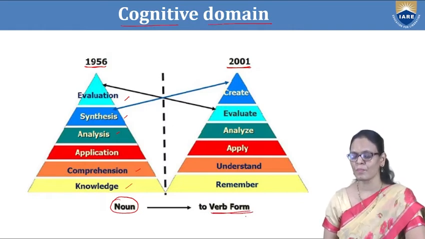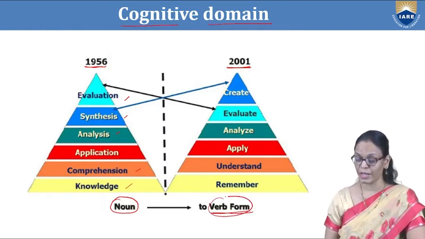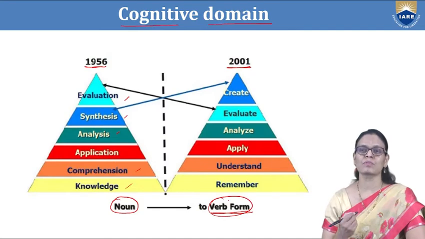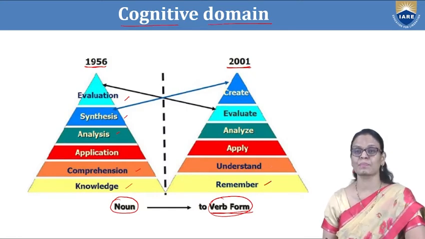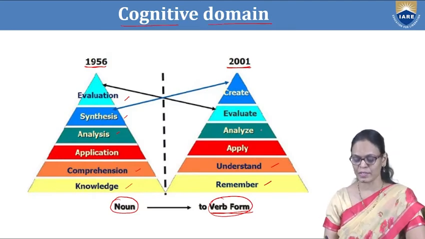Why verb forms? If it is in the verb form, it becomes very easy to measure, because we said it has to be measurable. So knowledge has become remember, comprehension has become understand, application becomes apply, analysis becomes analyze, then evaluate and create. If you see here, these two are swapped.